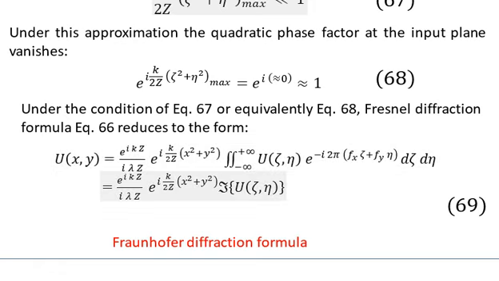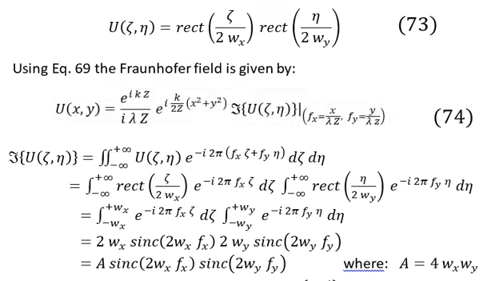And so we have to evaluate the Fourier integral at the values given in equation number 74, that is fx is equal to x over lambda z and fy is equal to y over lambda z.